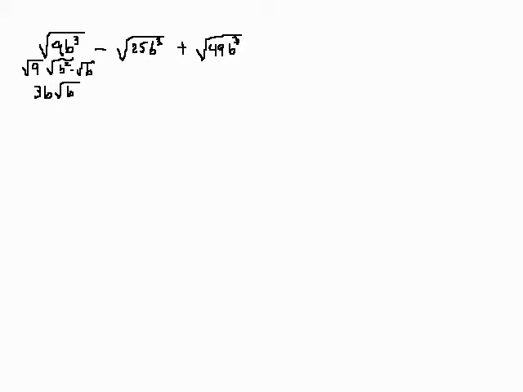Now, what is that cheater's trick, Young? Well, geez, Young, if this one's got the square root of b in it, I'm thinking all of these are going to have a square root of b in it. Now, again, it's not cheating if you're smart.